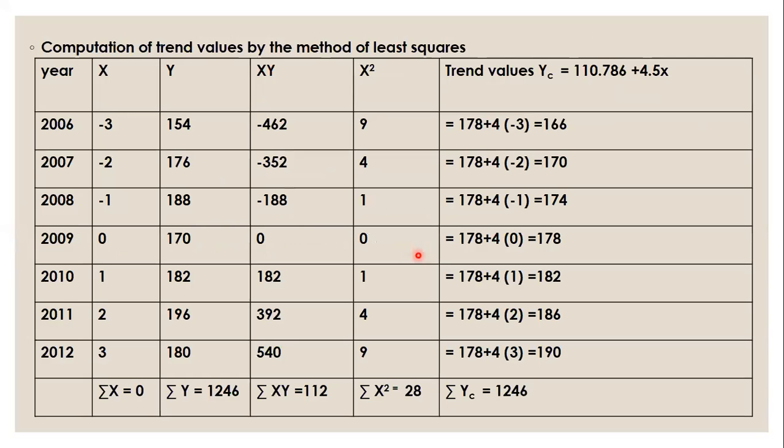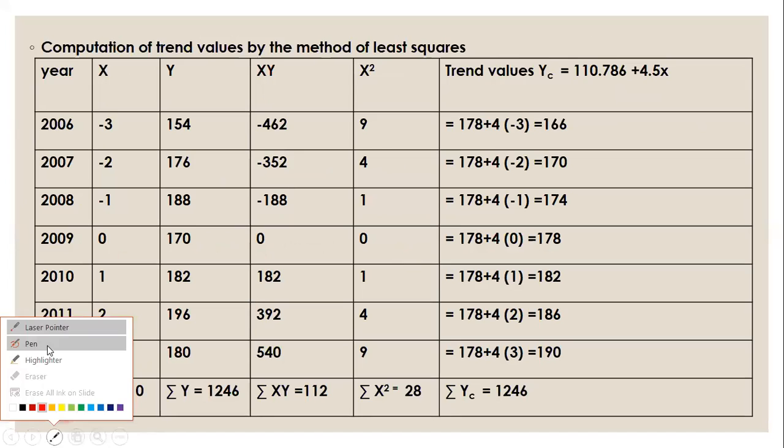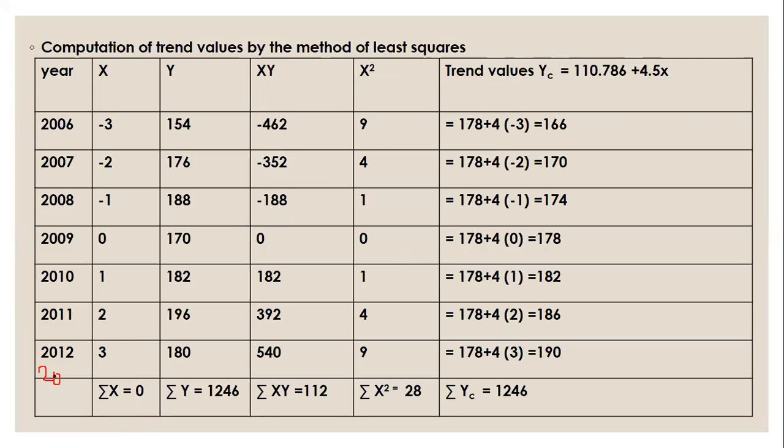Now, how do we estimate? See, 2012 is the last data. 2013 is the next year data. For 2013, I have to check what is the estimation value. I do not know the Y value, but I can assume the X value.